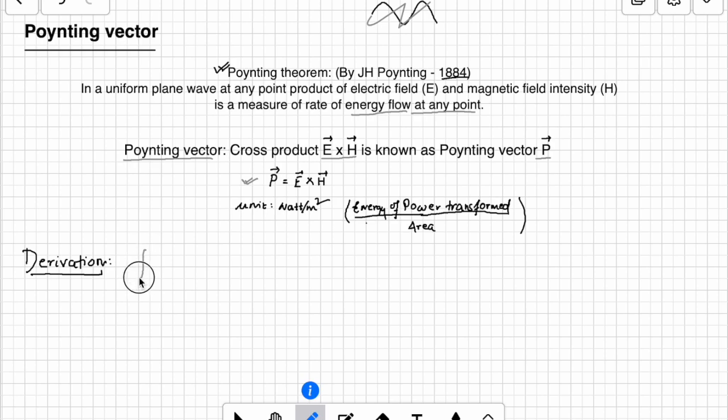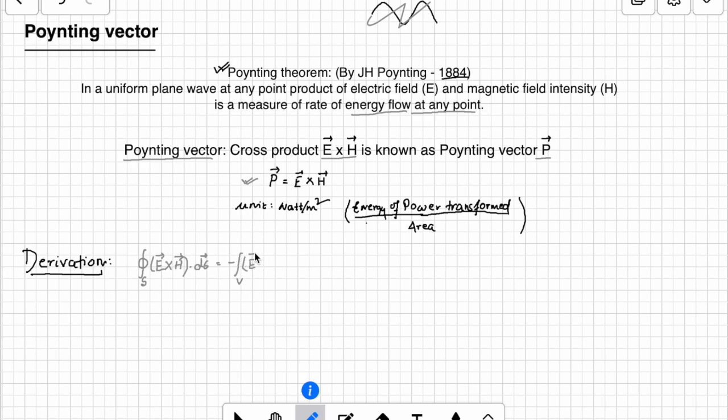What we are going to derive is this: if we take the surface integral of E cross H, which we know is the Poynting vector, dot dS, we can get it as these two terms on the right hand side.